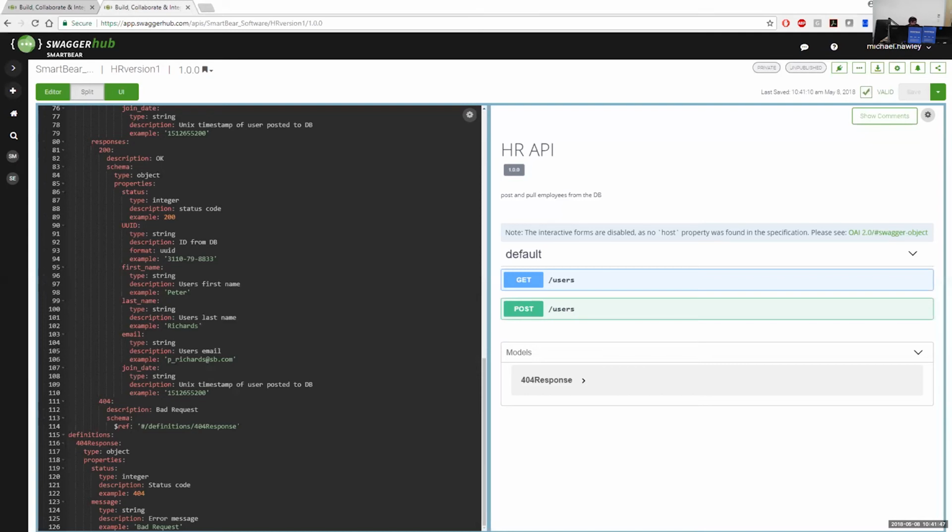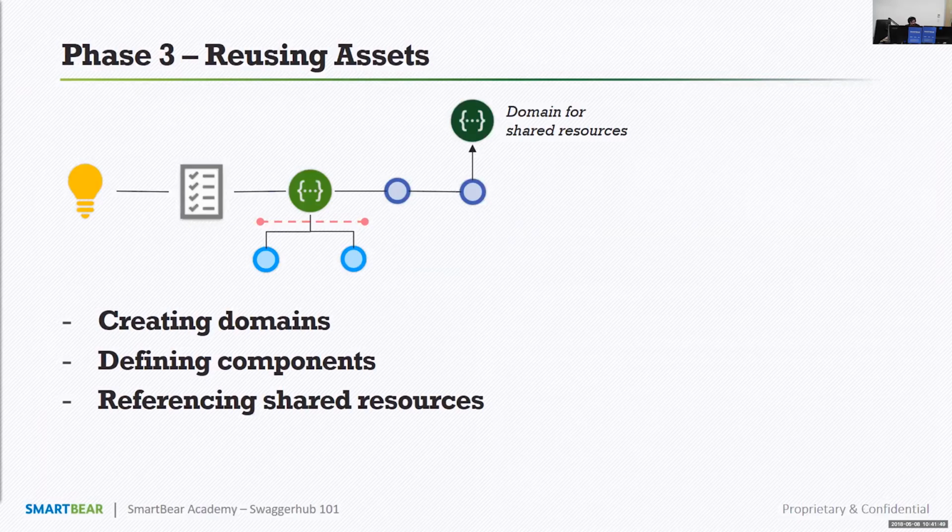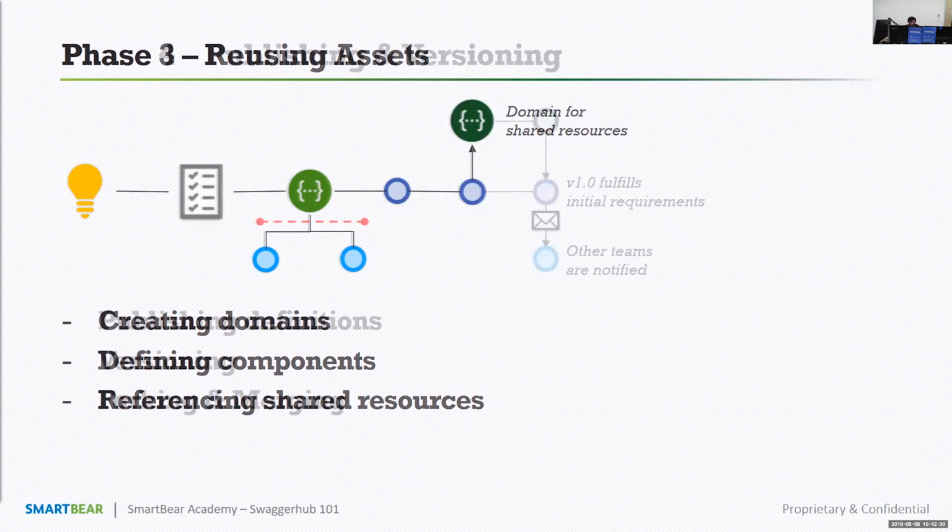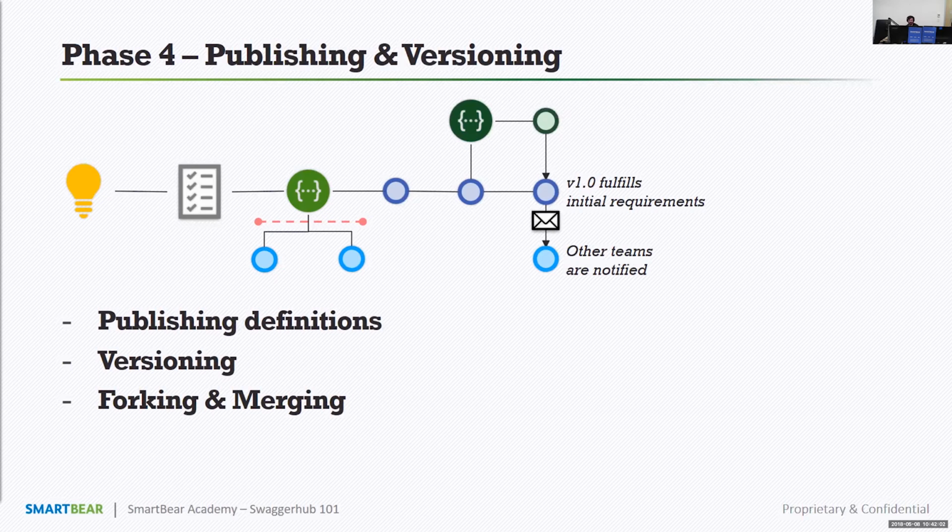Right. All right. So now that I've laid out that concept for everyone, and we can always go back to it if anyone has any additional questions, let's get into our next phase. So publishing these APIs, versioning, and doing a little bit more of fork and merge workflow.